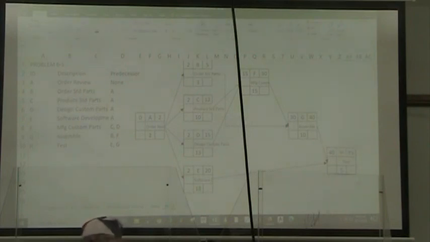All right. So, now we do our backward pass. And we know that our late finish time for H is the same as our early finish time. And that our late start time is equal to our late finish time minus our duration.